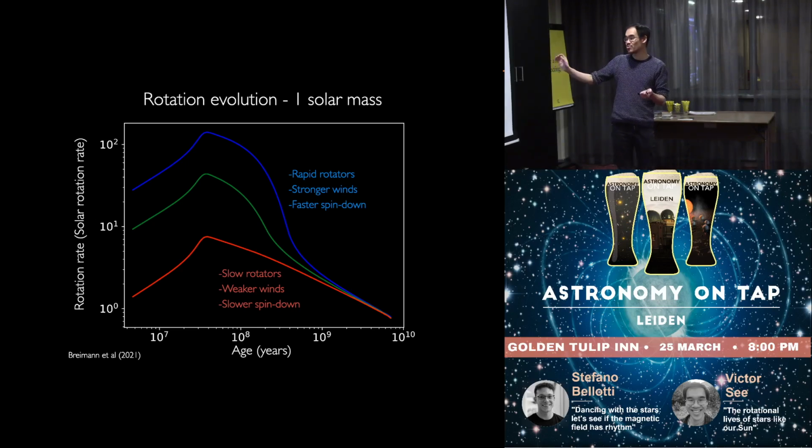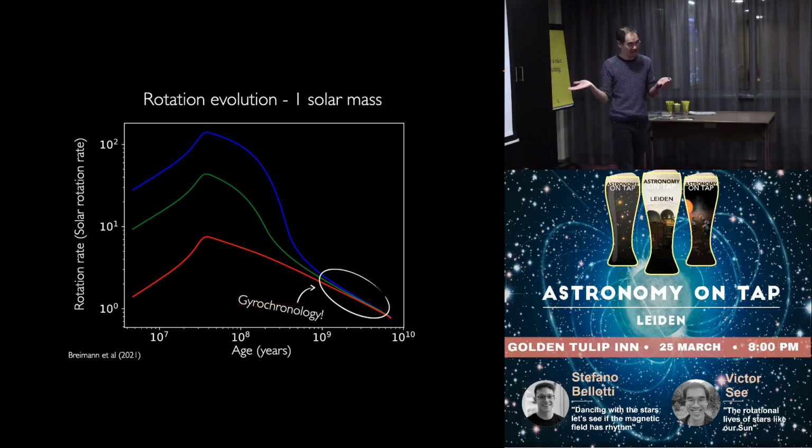And this is really nice because it allows us to use a technique known as gyrochronology. Now, earlier I mentioned we like open clusters because it's relatively easy to determine the ages of the stars in those clusters. But what about stars that aren't in clusters? If you try to use traditional age determination techniques with stars that aren't in clusters, they just don't work very well.